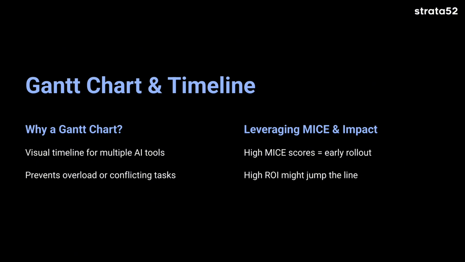Often these are the best candidates for early rollout. And a very high financial ROI might prompt us to schedule the solution earlier, even if the MICE score is much lower.